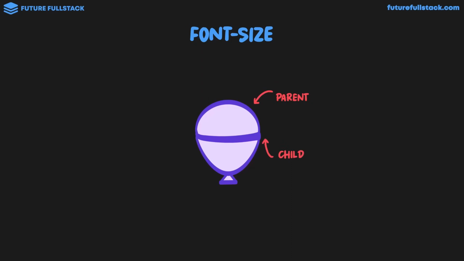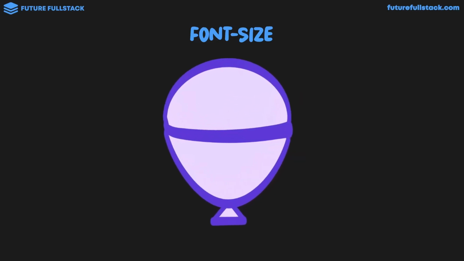The size of the elastic band is dependent on the size of the balloon. So if we blew this balloon up, not only does the balloon expand, but the elastic band expands as well. So we can think about this with sizing of HTML elements, that when a parent is a certain size, the child will be a proportion of that size. Just like the elastic band going around the balloon is directly influenced by the size of the balloon.